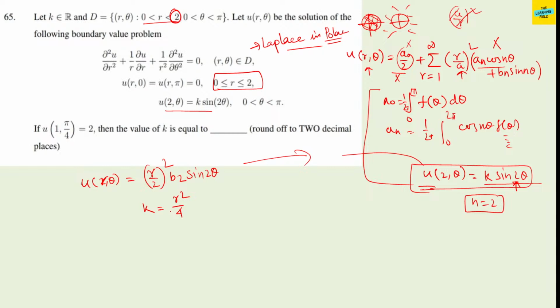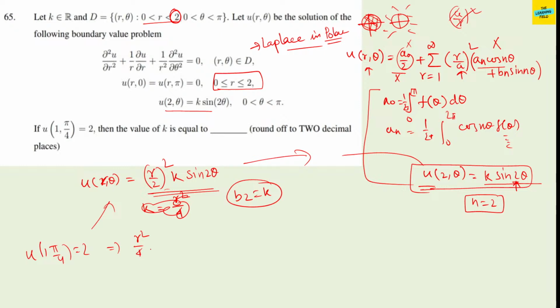And what is the value of b2? b2 equal to k. Now this solution is r square by 4 into k. Now u(1, pi by 4) equal to 2, that means r square by 4 into k sin 2 theta, with 2 pi by 4 meaning sin pi by 2, and r value is 1 square, this is equal to 2.